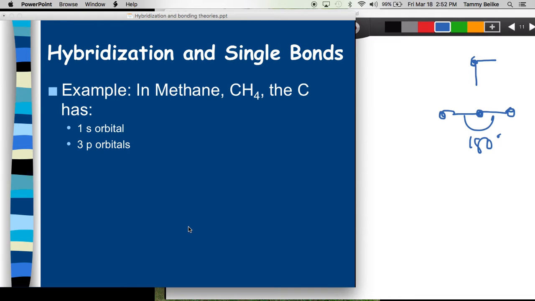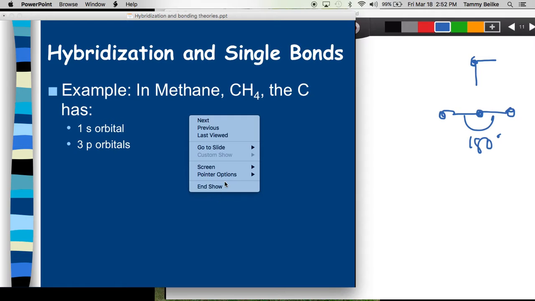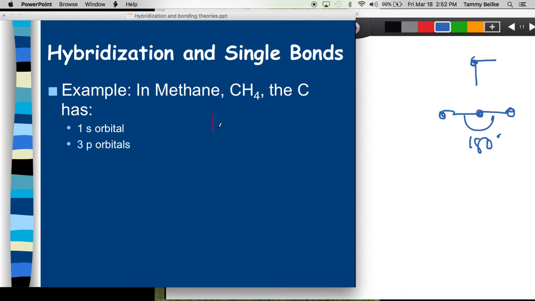In a single bond, if we have methane, carbon with 4 hydrogens, carbon's electron configuration is 1s2, 2s2, 2p2.